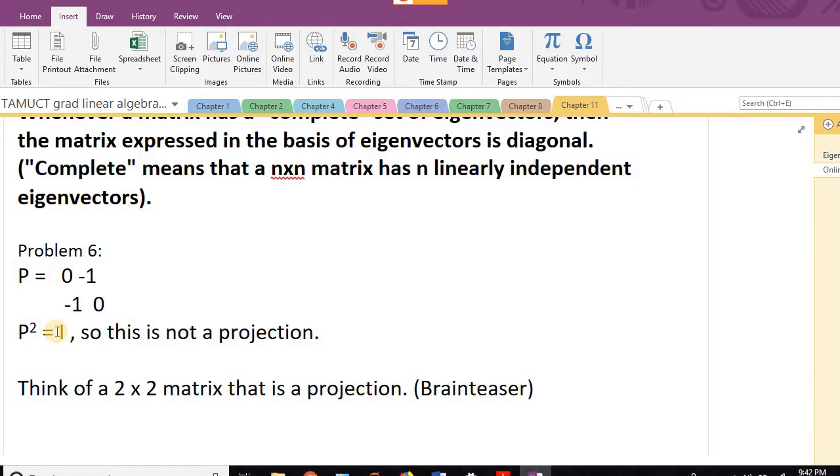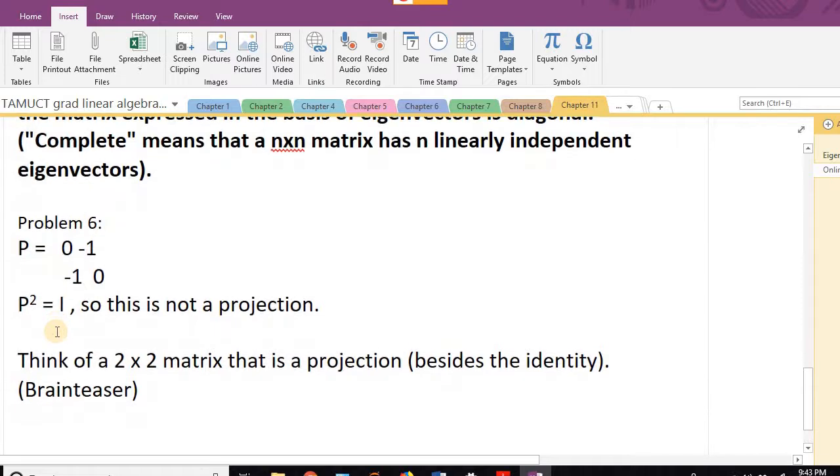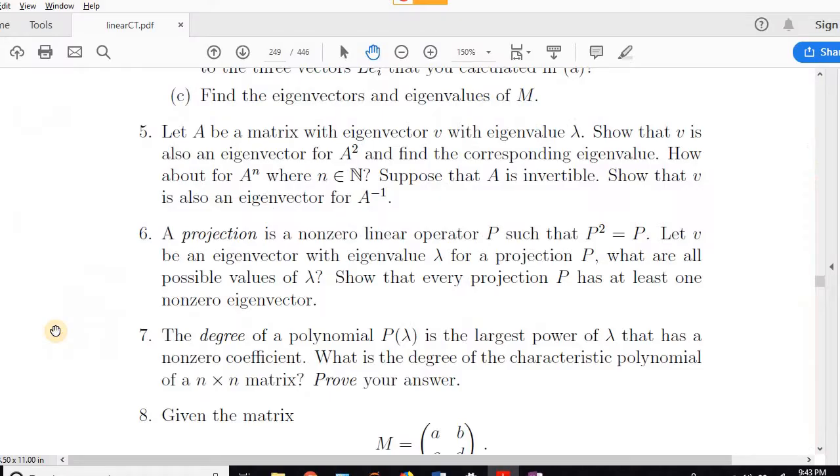Now remember that a one-dimensional projection was one, let's say besides the identity. Okay, but we can actually go on here.